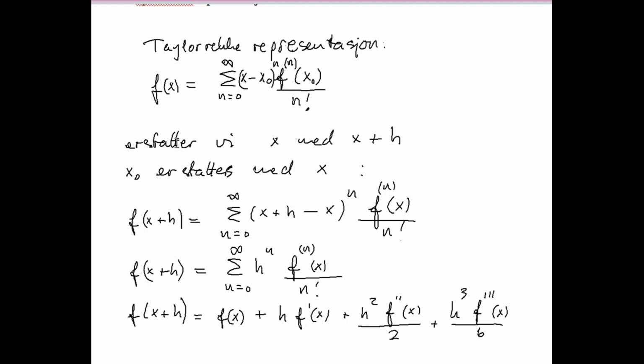So if we now replace x here by x plus h and replace x0 by x, then we obtain the following. We get f of x plus h equal to this sum, with h to the power of n.